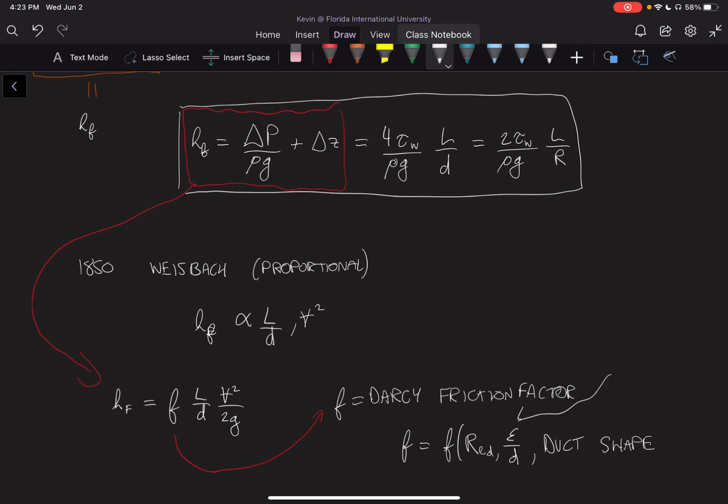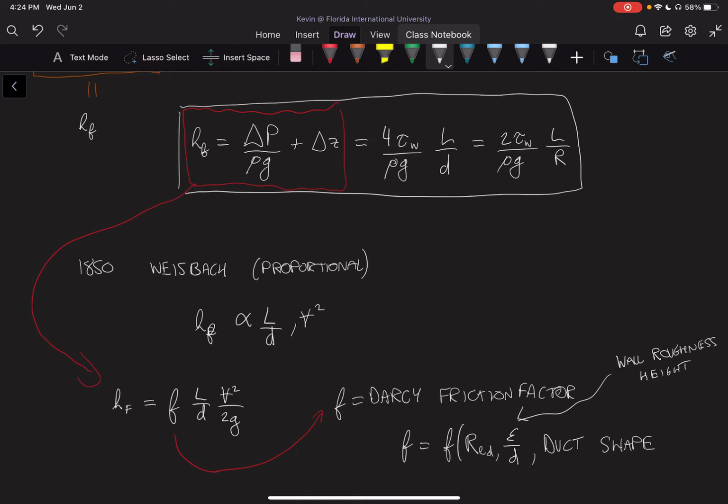And this e here is a Greek epsilon essentially, and this epsilon is the wall roughness height. So this e over D is the relative wall roughness.